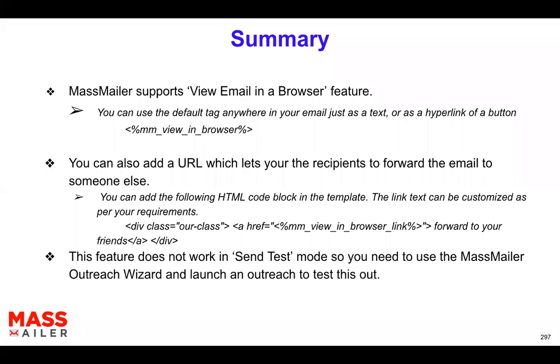Again, it's the same thing. The only difference is that instead of just copy pasting that view in a browser tag, you would put that as an href. And I've given an example HTML code, so you just copy paste what is shown here.